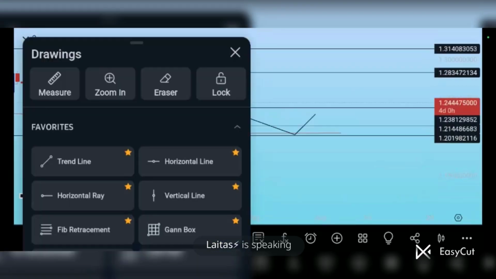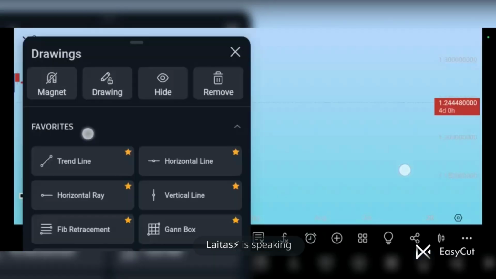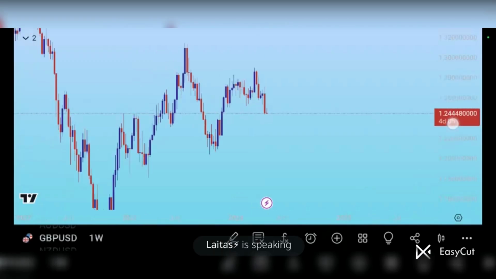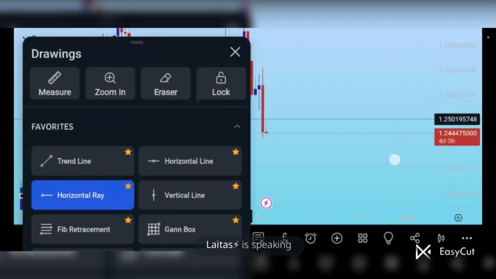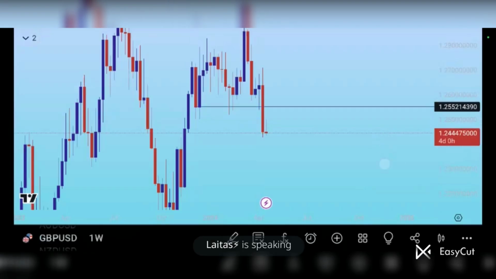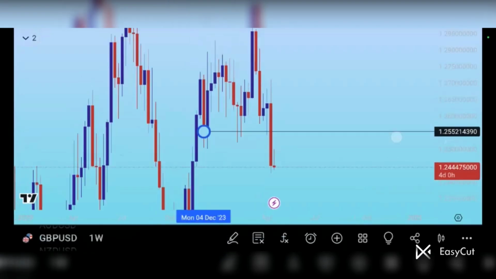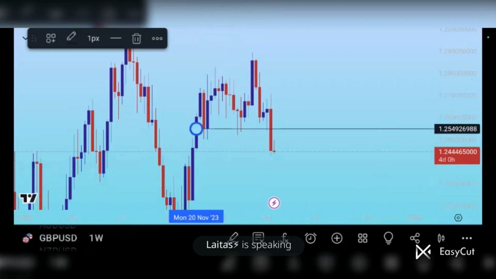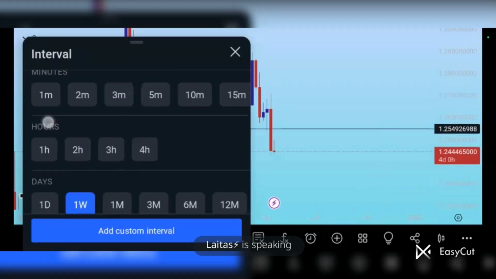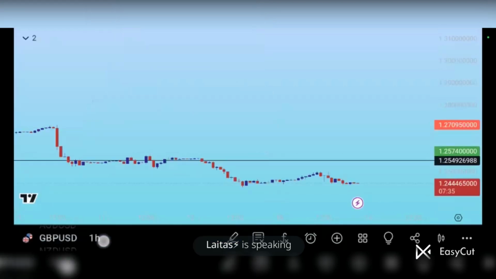Let me clear the chart for weekly. If you are selling from weekly support, let me mark here. This is a weekly support. This is a weekly support here. So what makes this weekly support hold is liquidity. Whereas it won't hold. Let me go to page 4.